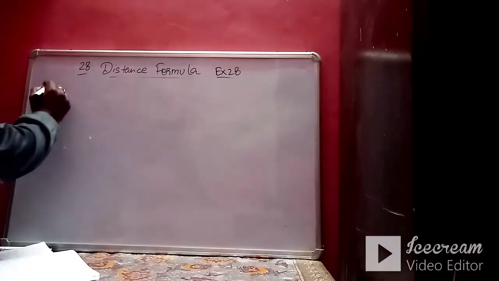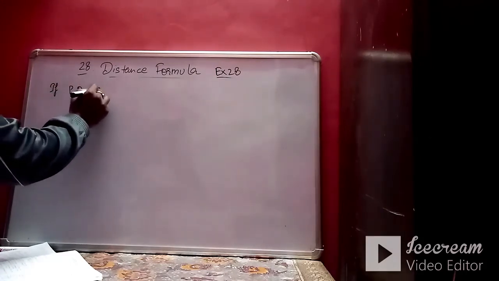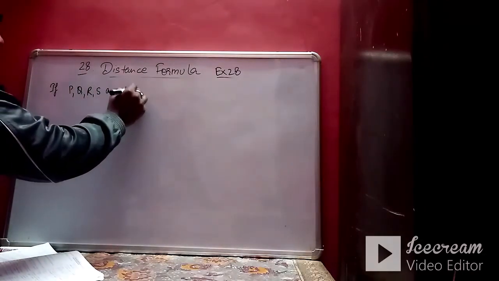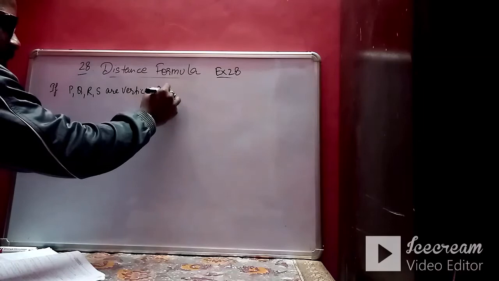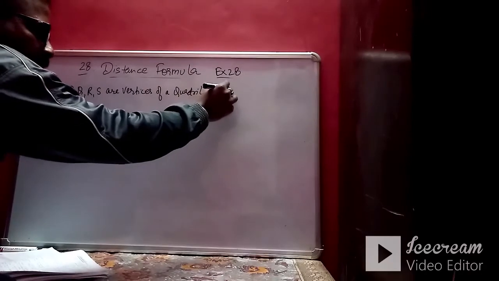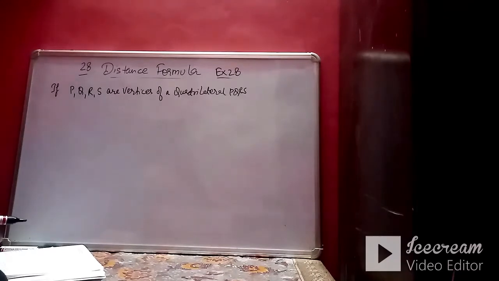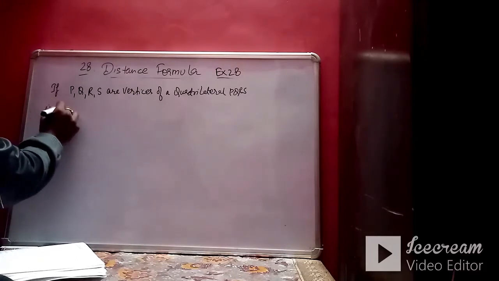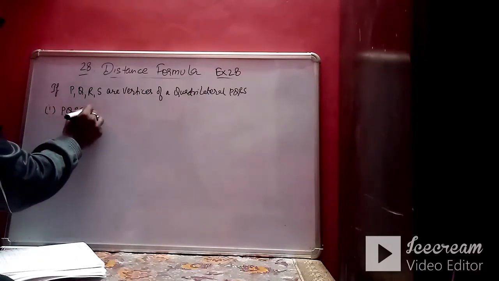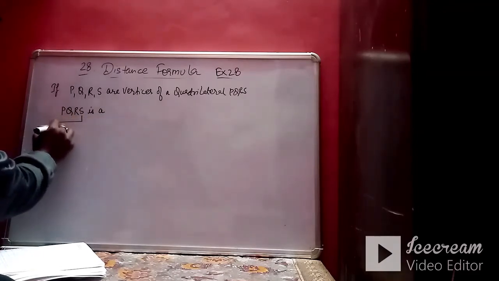So if P, Q, R, S are vertices of a quadrilateral PQRS, such that their coordinates are given, then first is PQRS is a parallelogram.